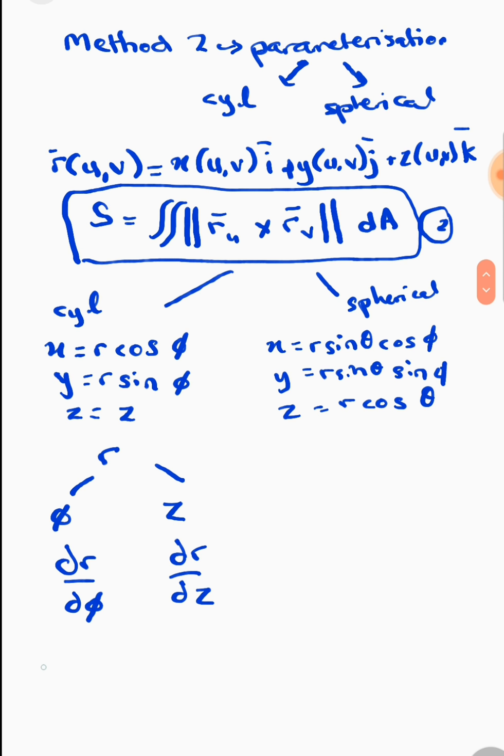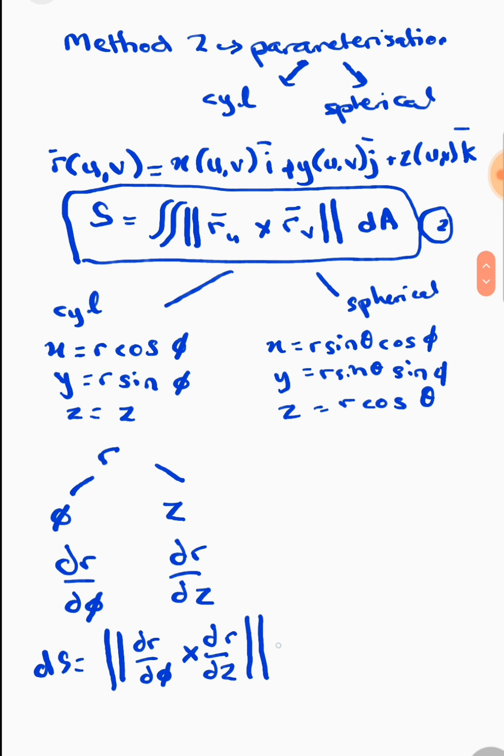And therefore your dS will be equivalent to the cross product of dr over d phi cross dr over dz, and the magnitude of it.